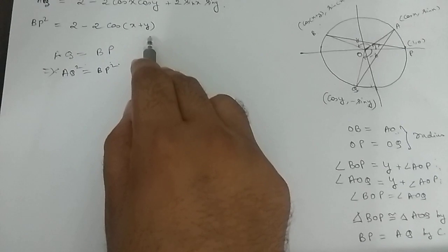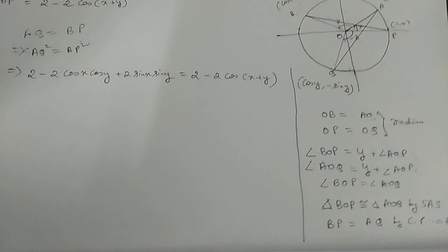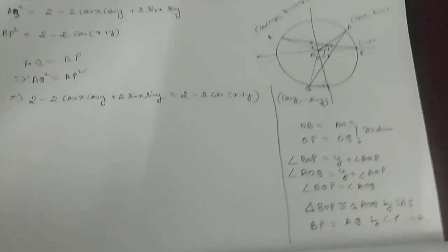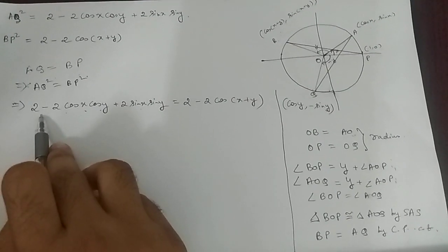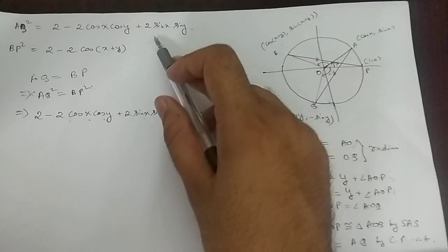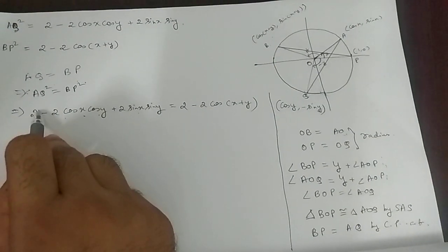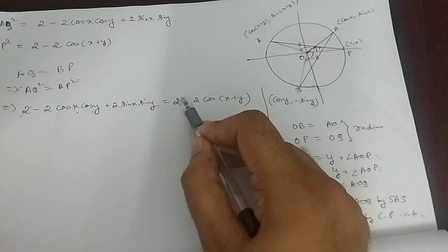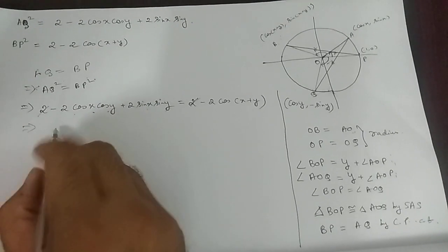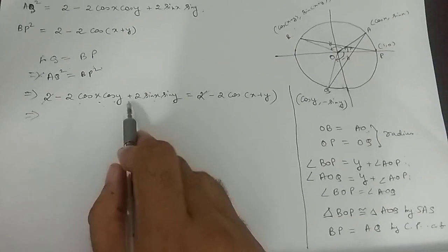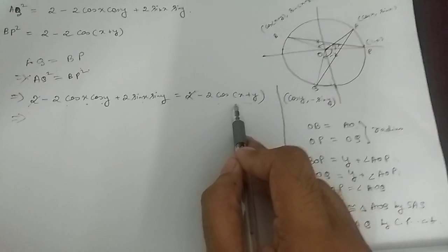So since AQ square equals BP square, therefore 2 minus 2 times cos x cos y plus 2 times sin x sin y, and here 2 minus this value, that is, we are equating AQ square and BP square. So from this equation, in LHS and RHS we can cancel out 2, and thus we will be left with minus 2 cos x cos y plus 2 sin x sin y, and here in RHS minus 2 times cos of x plus y.